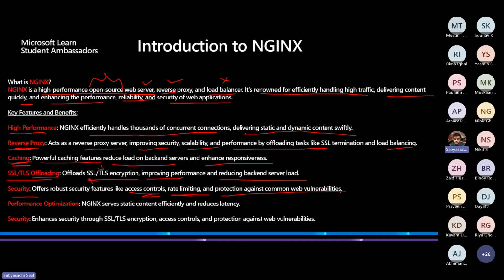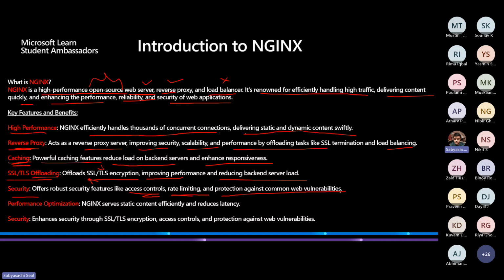So it can actually rate limit you, right? If you try to request a lot of things in maybe a second or 2 seconds, the backend servers might not be able to handle it, but at the same time, you don't want your servers to go down. So this will help you rate limit.